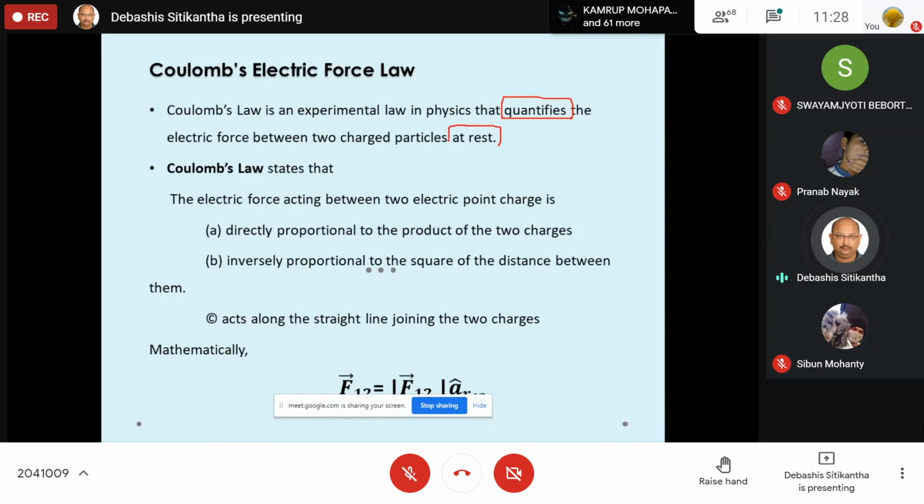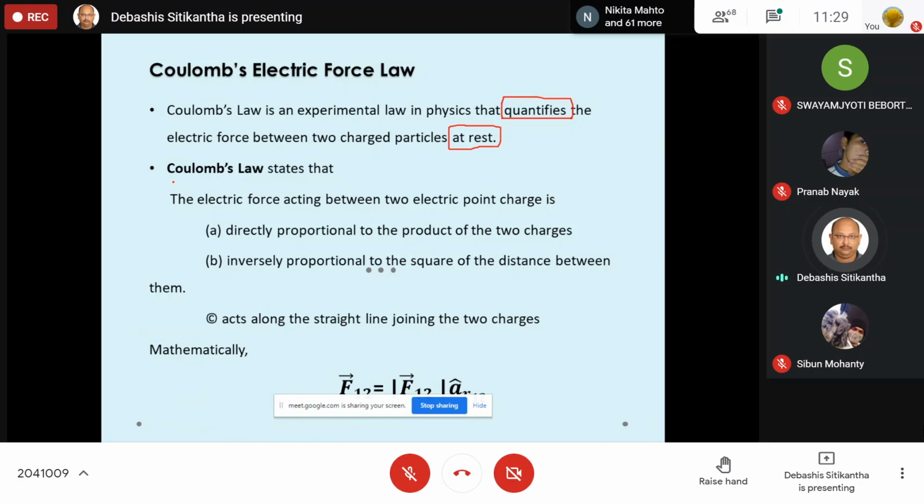If they are not at rest, if they are moving, then you cannot apply Coulomb's electric force law. Whether the two bodies are both positively charged, both negatively charged, or unlike charged, if they are at rest, then only can you apply Coulomb's law to find the force of attraction or repulsion between the two charges, and you get the exact mathematical value.